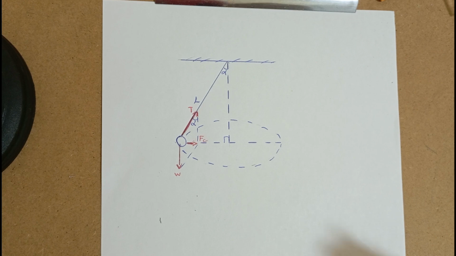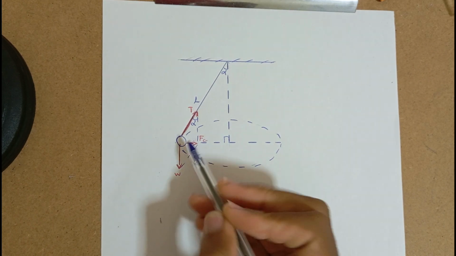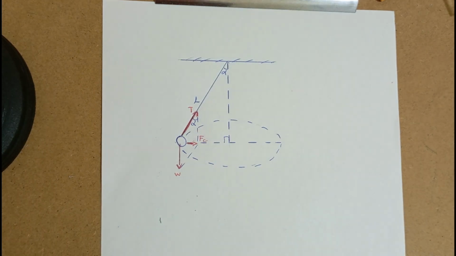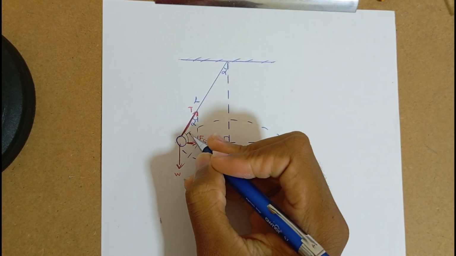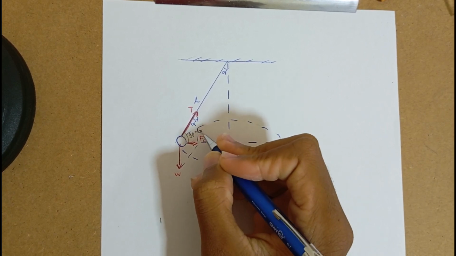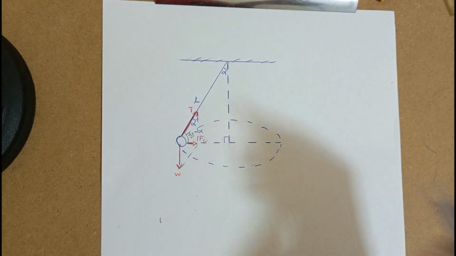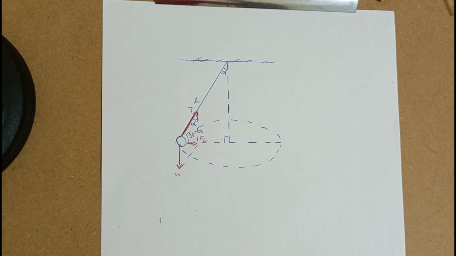And here I can say it is 90 minus alpha, because if you sum this angle, this angle, this angle, you'll get 180. That's why I said that.